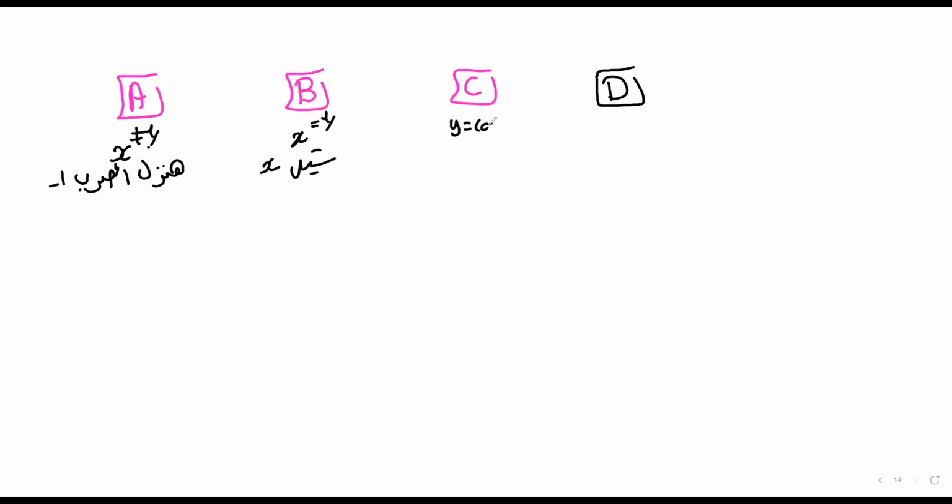For constant values, your differentiation is equal to 0.